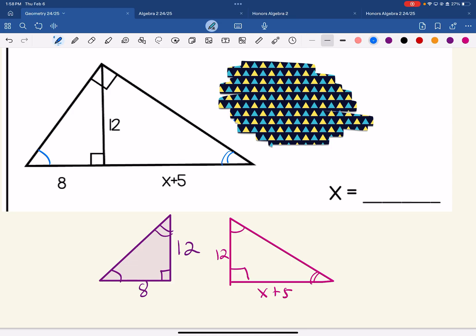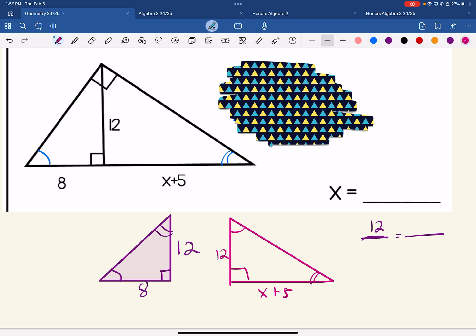Purple, we've got 12 and 8. Okay. Set up our ratios. I'm just going to pick 12 from the purple. So 12 over something equals something over something. So the 12 is between the 2 and the right.